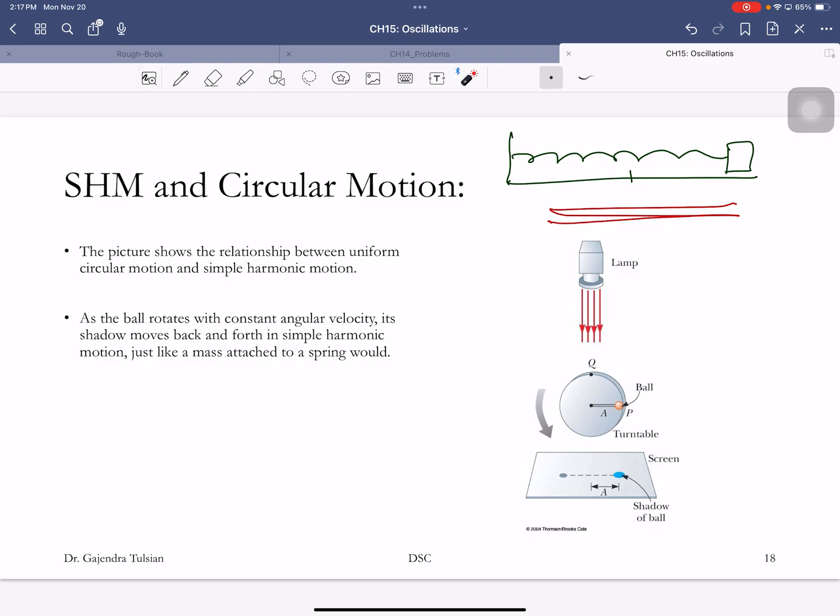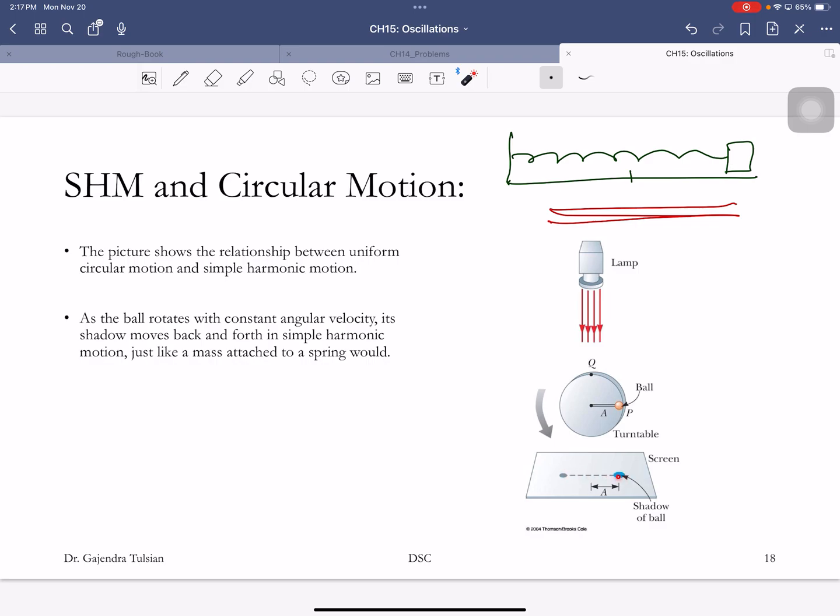Now, what we'll do is the following. So let's say whatever is the speed of it at this point, that's where it's going the fastest. We'll take an object and send it at that speed in a circle with the radius being equal to that. Okay, so we'll send an object like that in a circle at that speed and project its shadow on this plane.